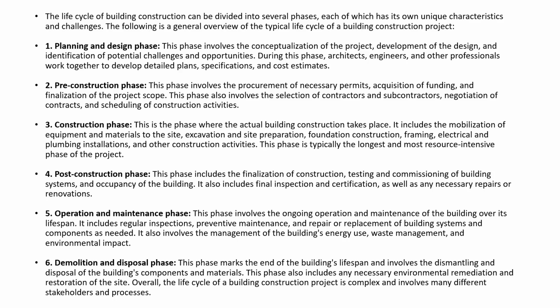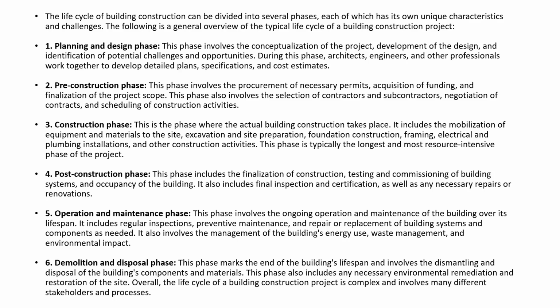You probably know that cycle of building construction can be divided into several phases, each of which has its own unique characteristics and challenges. The following is a general overview of typical life cycle of a building construction project. Planning and design phase.